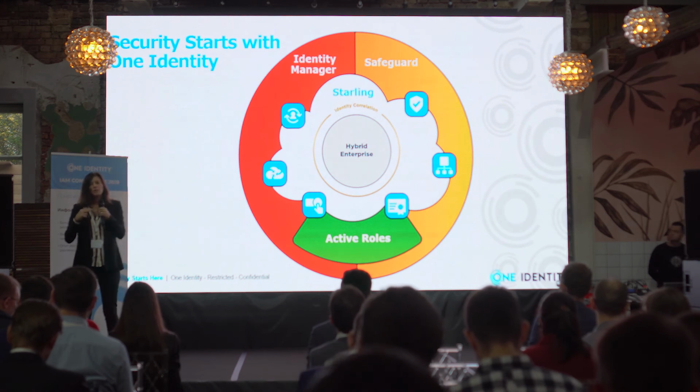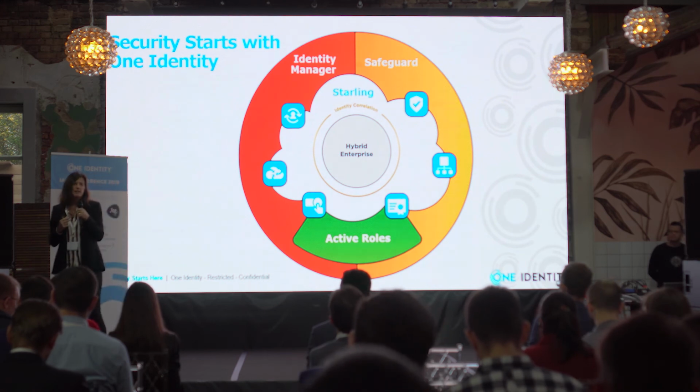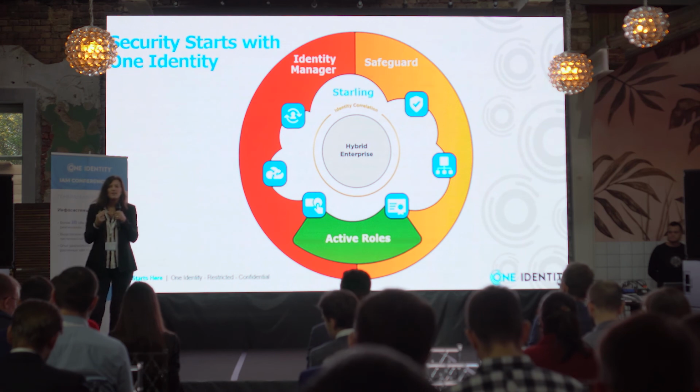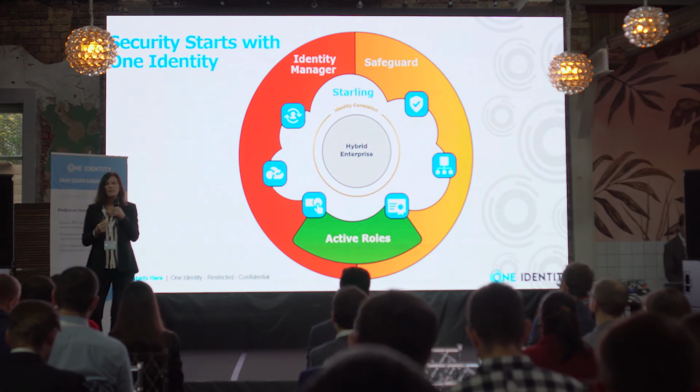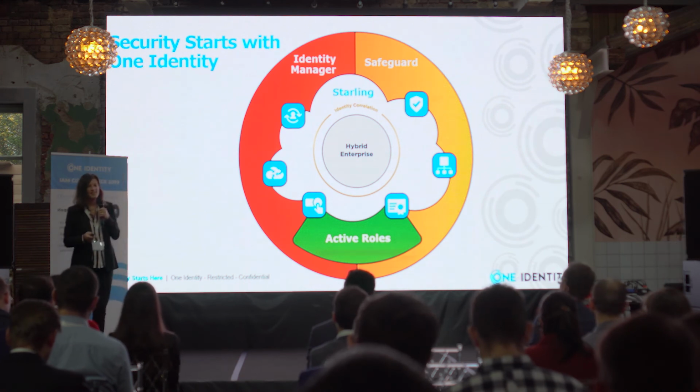So we're not going to present a lot about that today, but you're very welcome, if you're interested in finding out more, to talk to us at One Identity or our partners about this, because this is also really interesting.